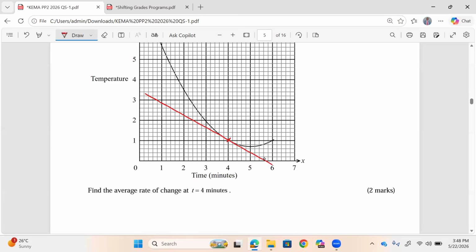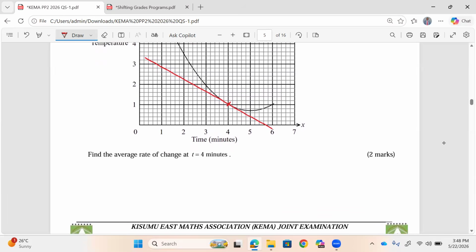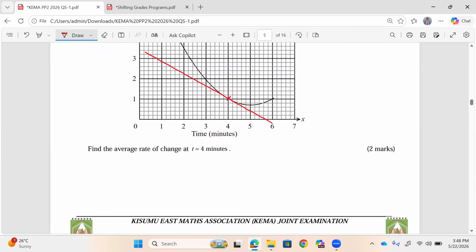Yes, like that. So we have the tangent. It is this tangent which is going to help us. So we find its gradient so that we may get the rate of change.